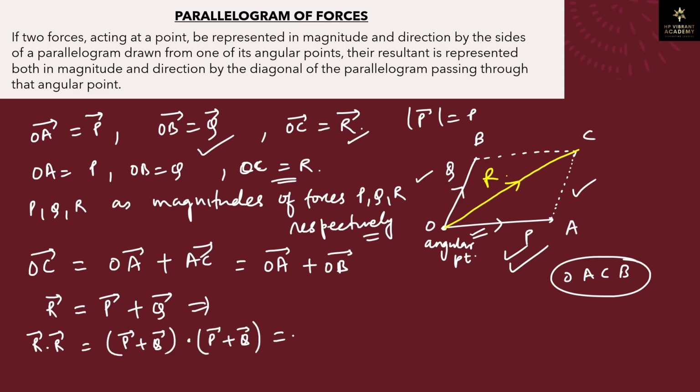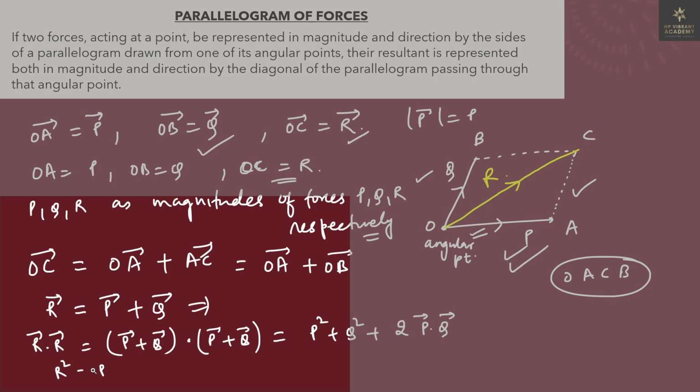This we can represent as P square plus Q square plus 2 times P dot Q. R dot R is R square.